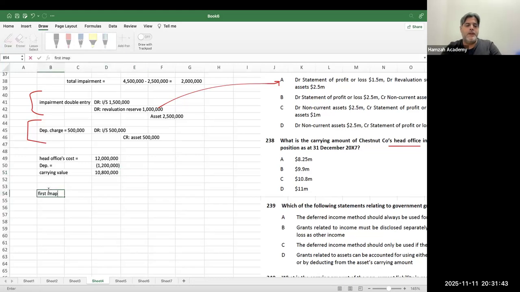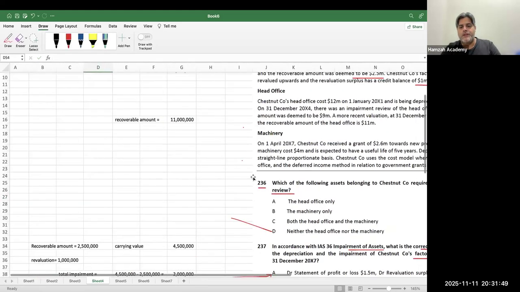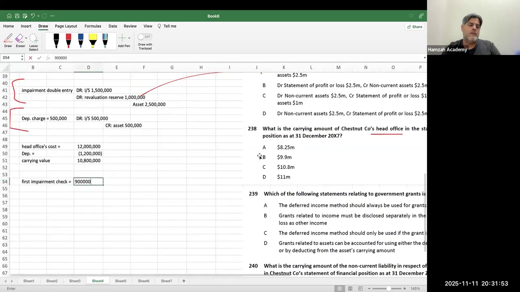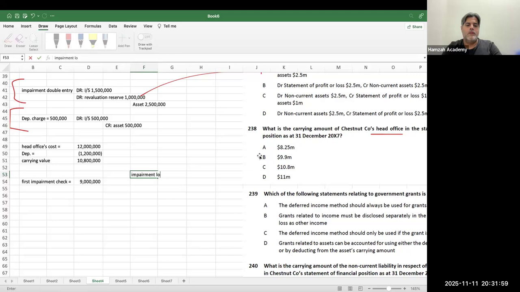First impairment check. First impairment check we did, the amount was 9 million, right? So the impairment loss recorded is 10.8 minus this. So we would have recorded this 1.8 million over there.